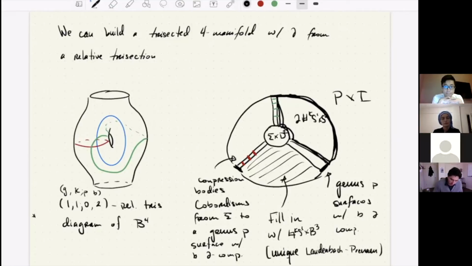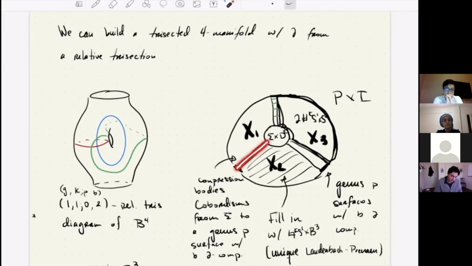One of the important things to keep in mind is that I'm just going to write over my drawing. So this is X1, maybe X2, X3, and each of the Xi is diffeomorphic to S1 cross B3s. And then these are, let's see, this is a surface cross an interval.